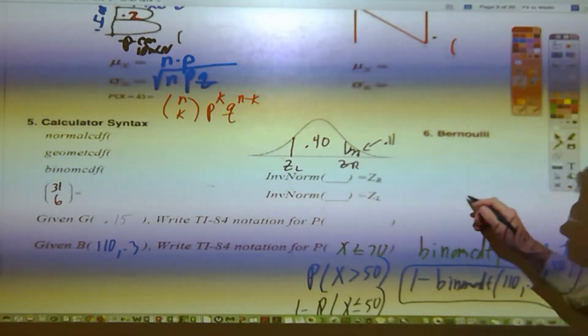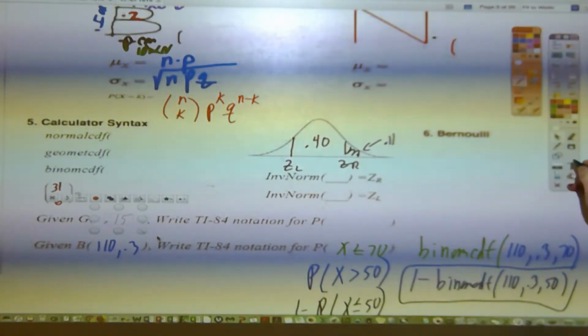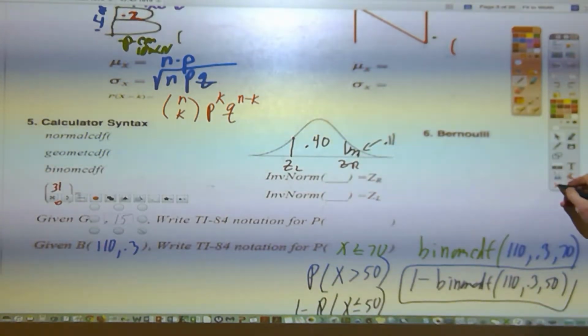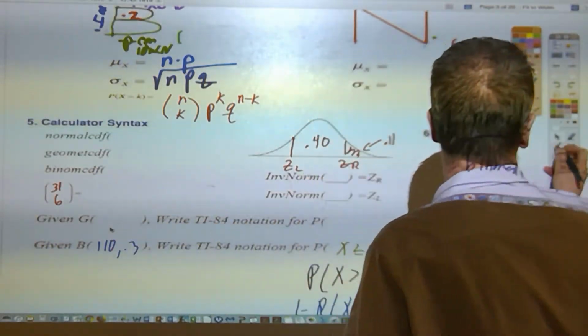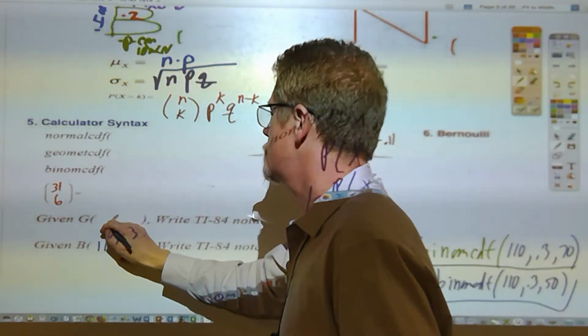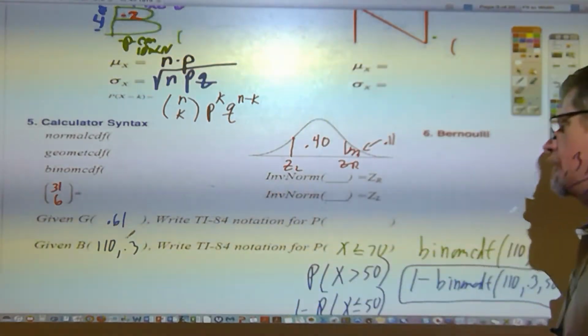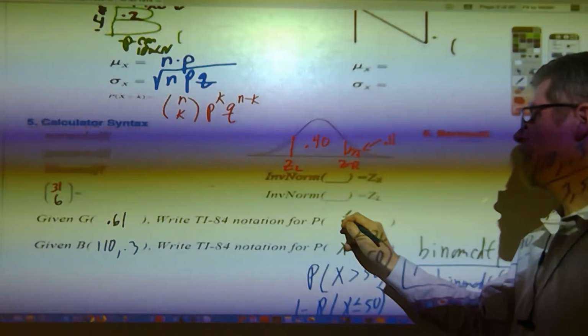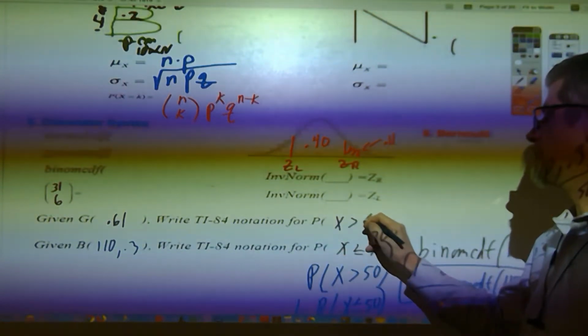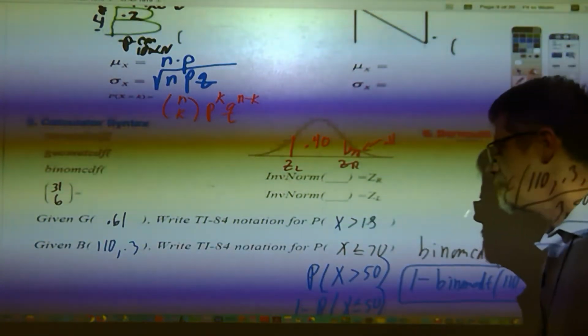Now, down here, instead of G of 0.15, let's make that G of 0.61. So change this to 0.61. And then find the TI-84 notation for the probability of random variable X is greater than 13.